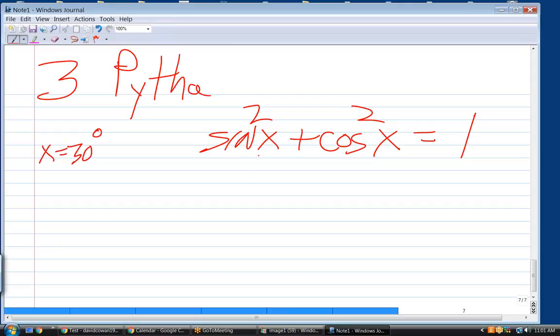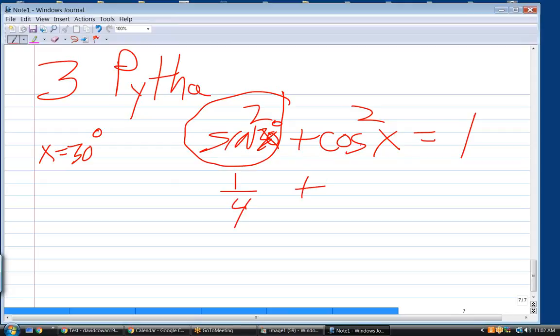So what's the sine of 30 degrees? Don't use your calculator on any of these until we get to angles that are not multiples. Isn't it 1/2? Correct. So what I've circled is 1/4. Okay.